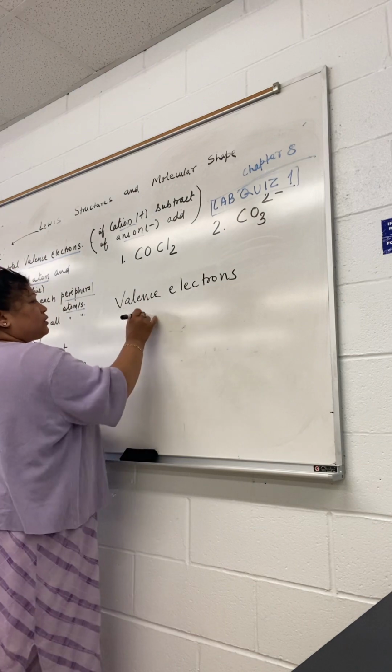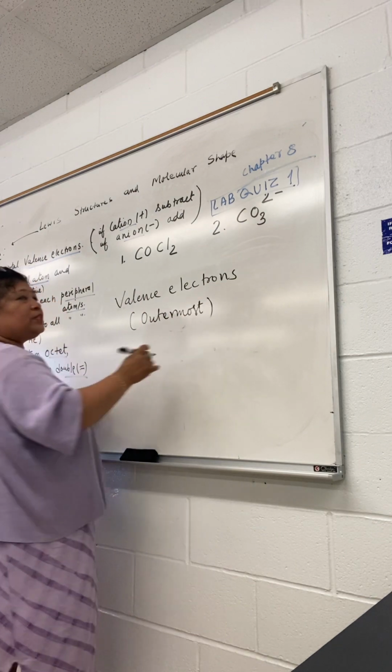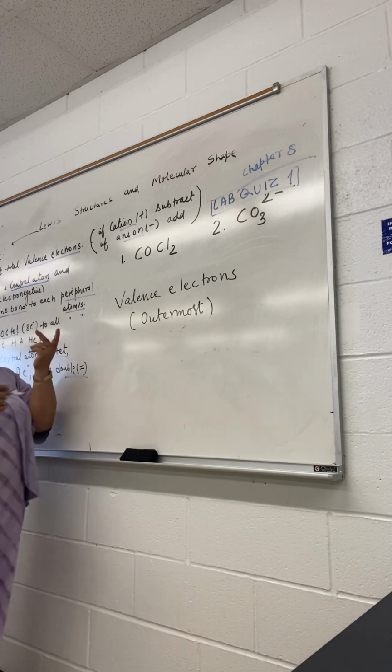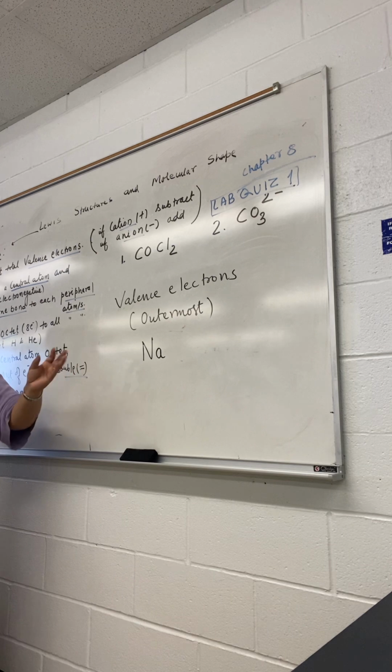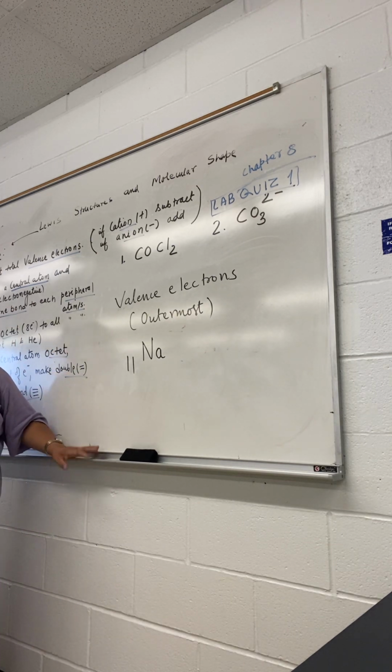The valence electrons are the outermost electrons. Outermost means in any atom, right? If I ask how many valence electrons in hydrogen, hydrogen is just 1 electron, so there's just 1. If I ask how many valence electrons in sodium, we haven't learned electron configuration yet, and I'll talk about it in the chapter.